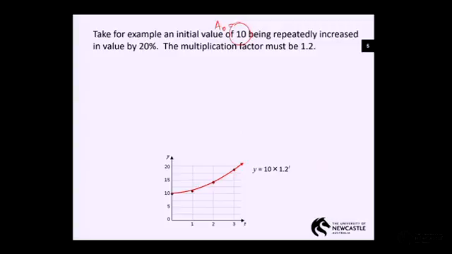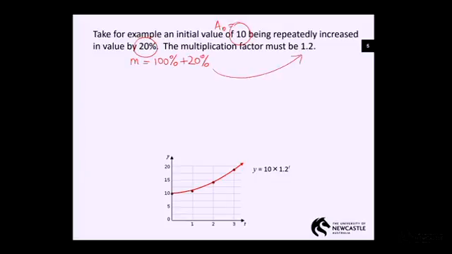Start with 10, increase it by 20%, get a new number. Increase that new number by 20%, get another new number. Increase that again by 20%. So this keeps happening to it. So then your job is to take this clue and realise that the multiplying factor will have been 100% plus 20%. So that's why they've given themselves a multiplication factor of 1.2.